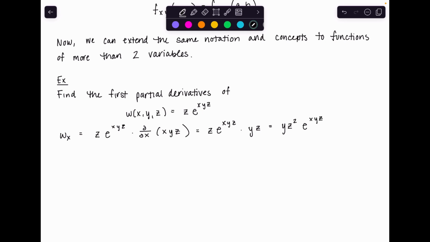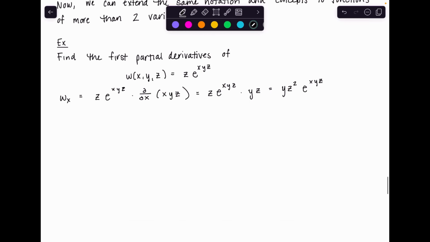And then I can continue to take more partial derivatives from here. If I want the partial with respect to y, then same thing. This is treated like a constant, so it stays out front. Derivative of e to the anything is e to the anything.